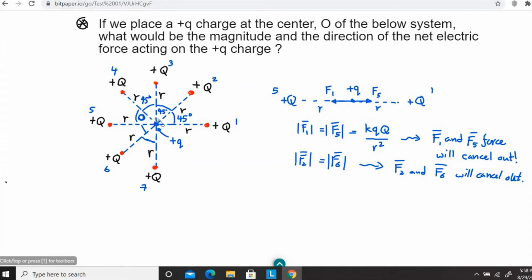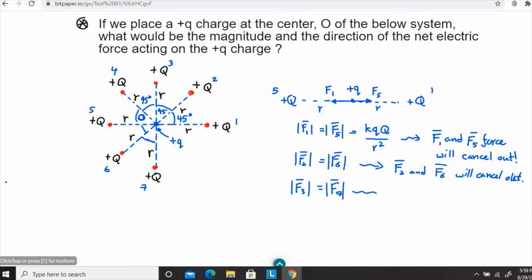Similarly, now we can think about 3 and 7. So then again the forces are repulsive that are acting on the plus Q charge at the center. F3 force magnitude is equal to the magnitude of the F7 force. And they are in the opposite direction, they are opposite vectors.